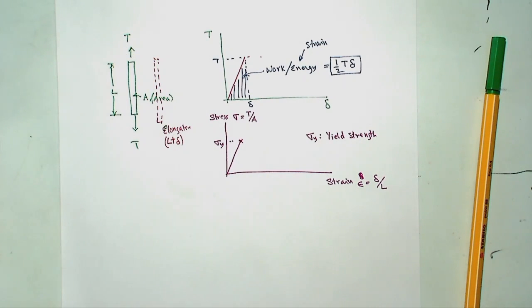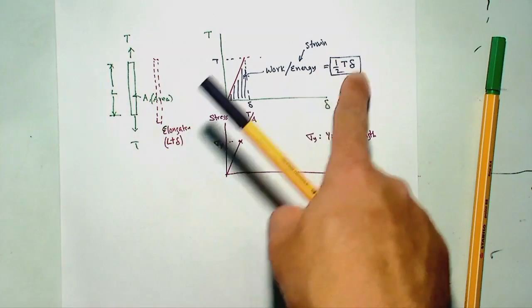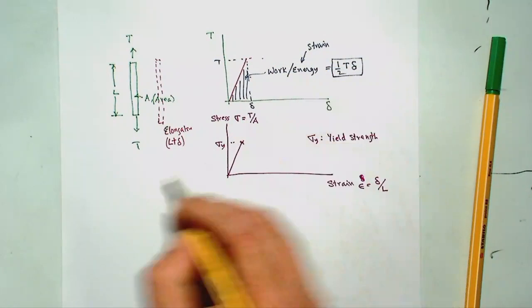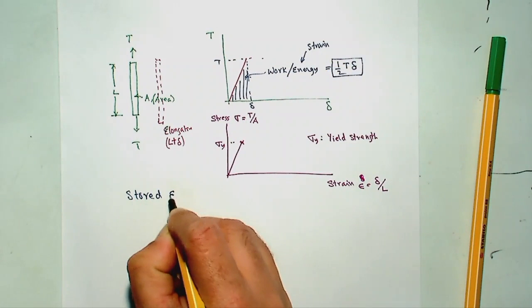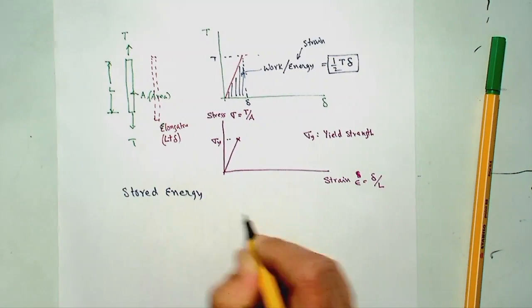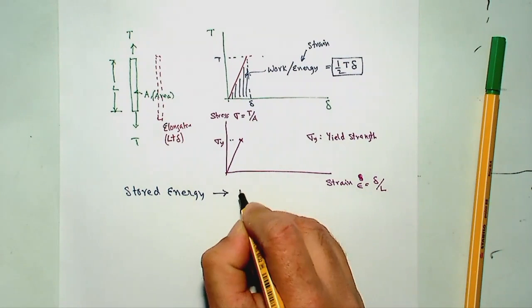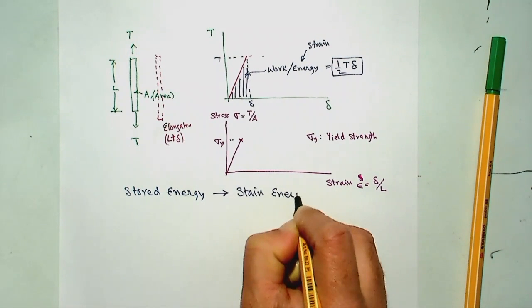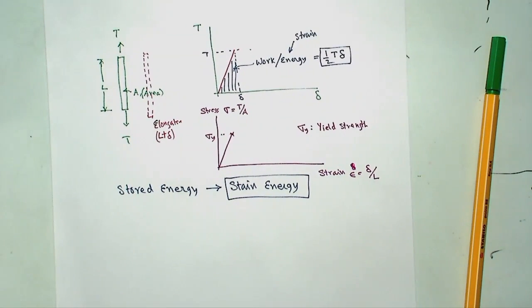When it is in the elongated state, the bar had this much energy stored in it. The stored energy, when it is at the stretched state, is called strain energy. So the material has strained to get that strain energy.